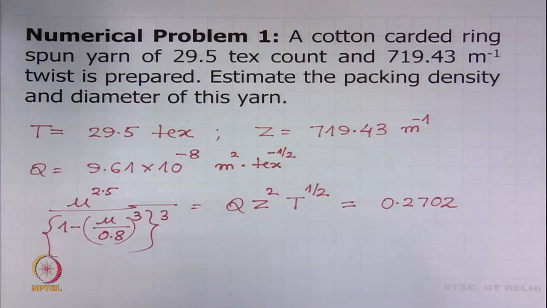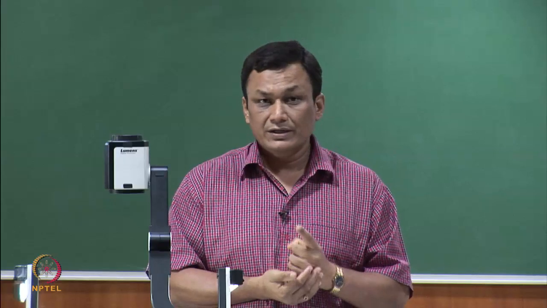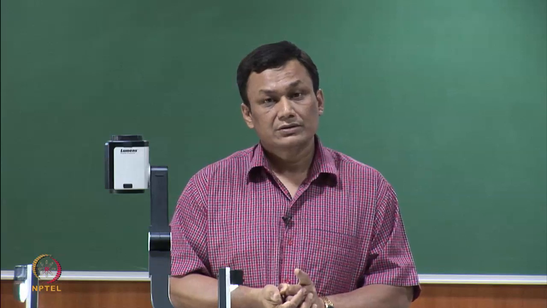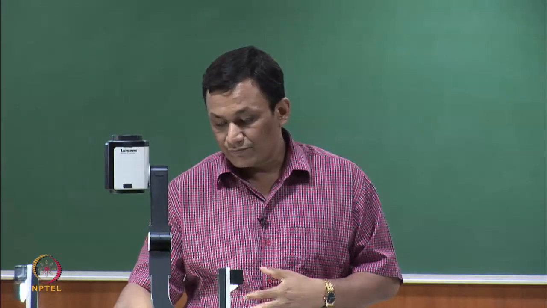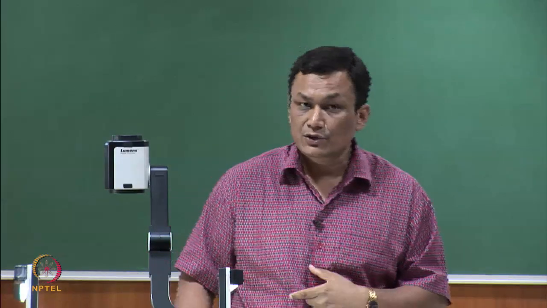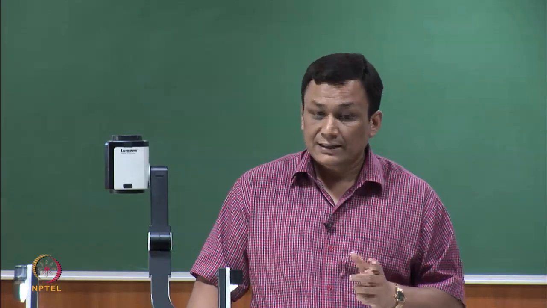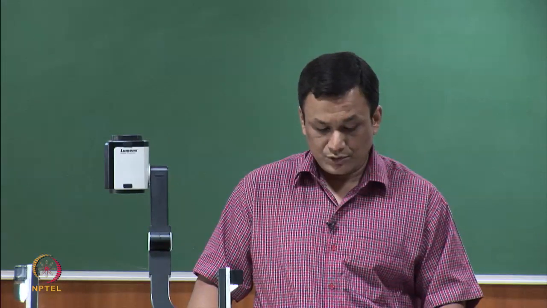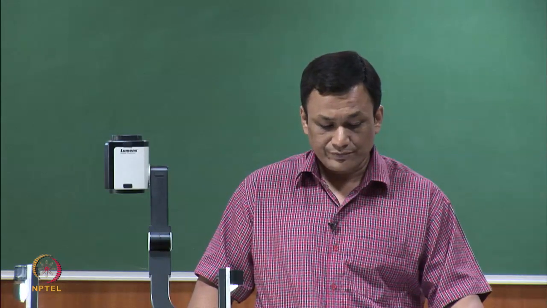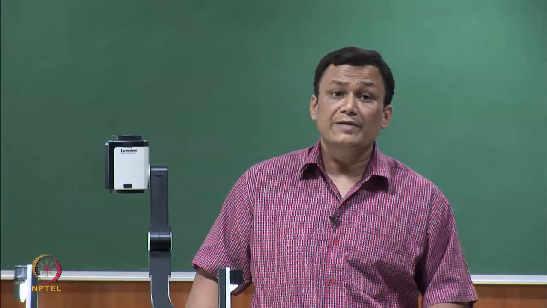How will you find out mu? Mu can be found out in two ways. One, numerical method. You can find out the value of mu from this equation by using a suitable numerical method. Otherwise, you can also find out mu by an already prepared table.